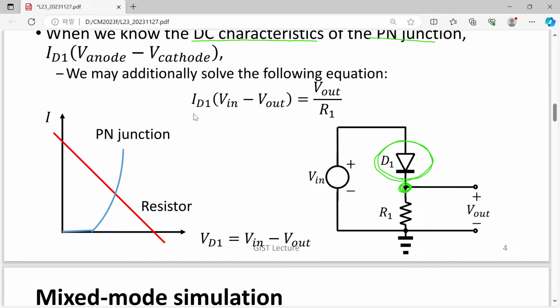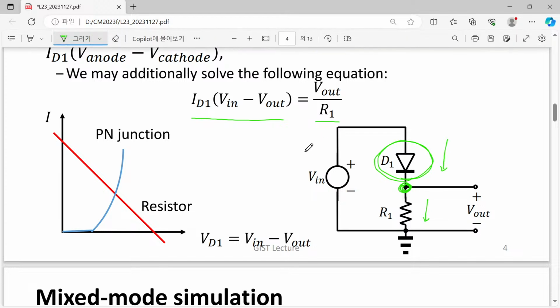So simply speaking, the incoming current from this diode is perfectly balanced by the outgoing current through our resistor. This is the diode current and this is the resistor current. They perfectly cancel out, or balance. That is nothing but KCL applied to this output node.